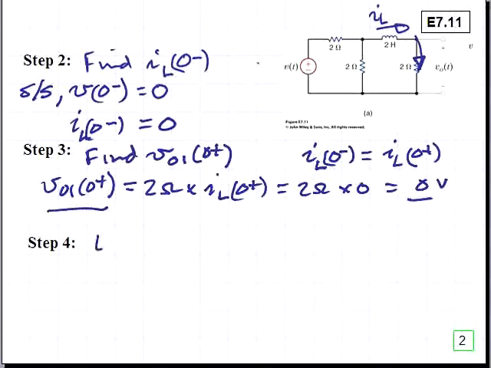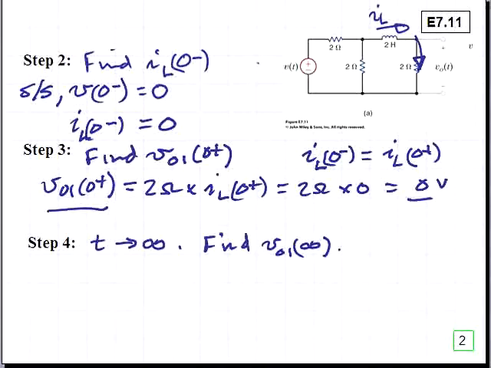Step 4, we want to see what happens as time goes to infinity with respect to our output voltage, so we want vO1 of infinity. Even though the source switches at 1 second, during this interval from 0 to 1 second we'll just assume that the circuit believes that time will continue on forever in that 12-volt condition.